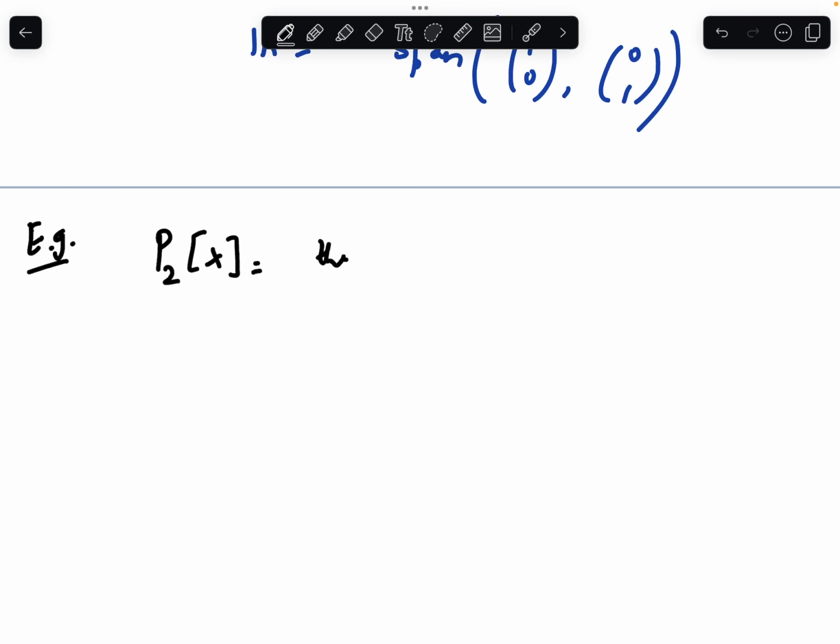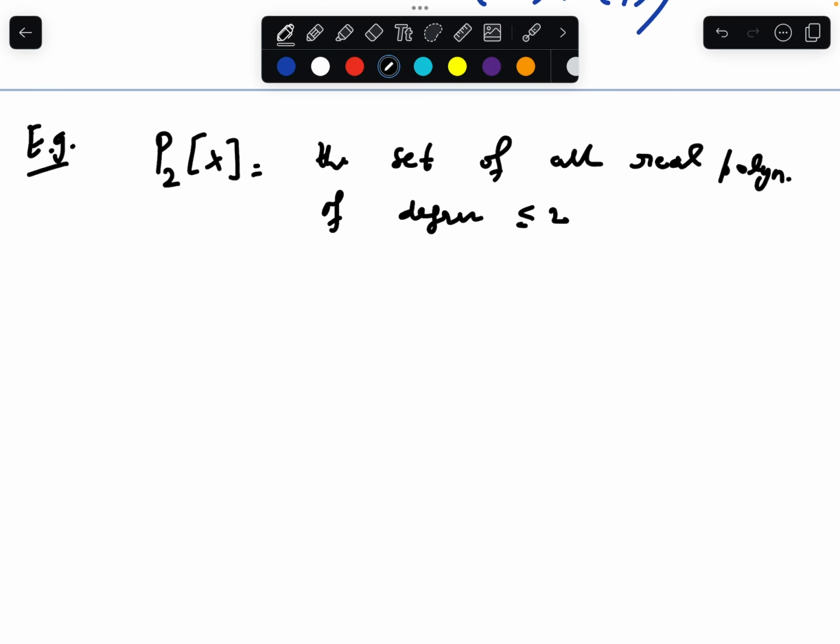It is the set of all real polynomials of degree less or equal to 2. Recall it from our last to last video. I think it was the last video on vector spaces, where we showed that this is actually a vector space. So this is a vector space.